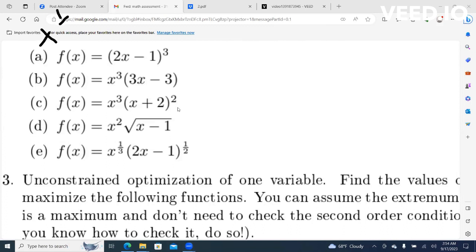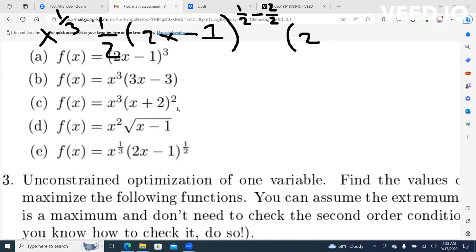So the left times the derivative of the right is 1/2. Left times the derivative of the right, minus the right times the derivative of the left.